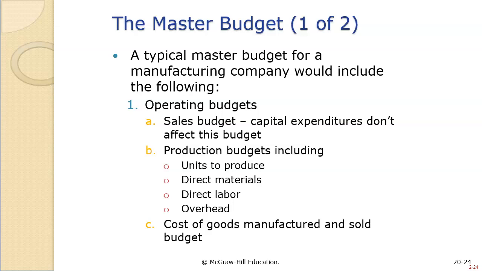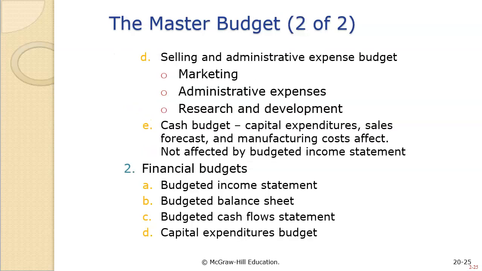All those budgets flow into one operating budget. Also, the selling and administrative expense budget and the budget for capital expenditures roll into the operating budget. Then number two, you have financial budgets: income statement, balance sheet budget items, cash flow statement item budgets, and the capital expenditure budget.